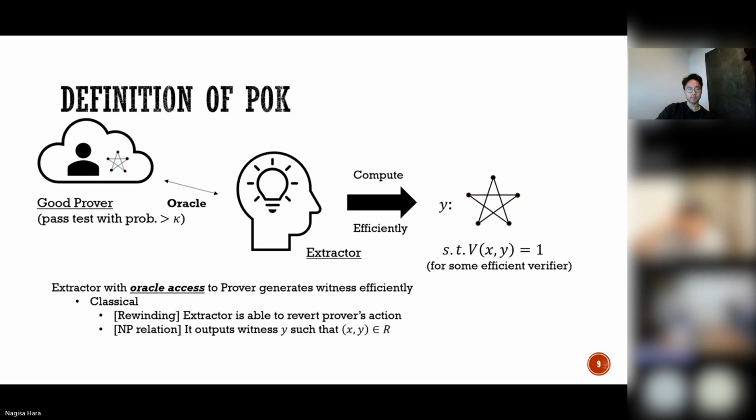Basically, because the extractor has the power of rewinding the prover, the verifier cannot do this.